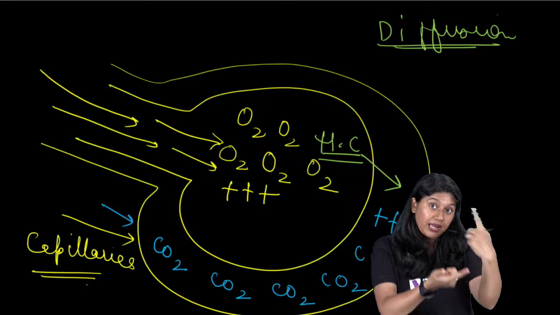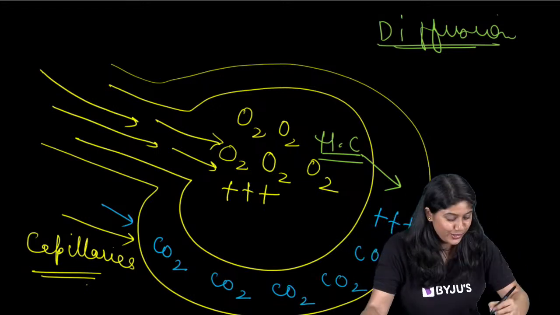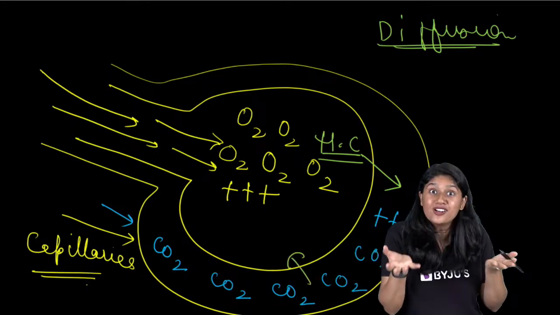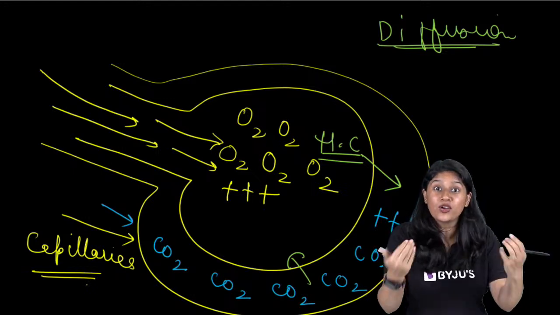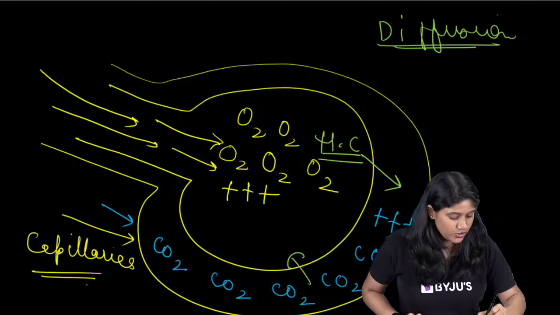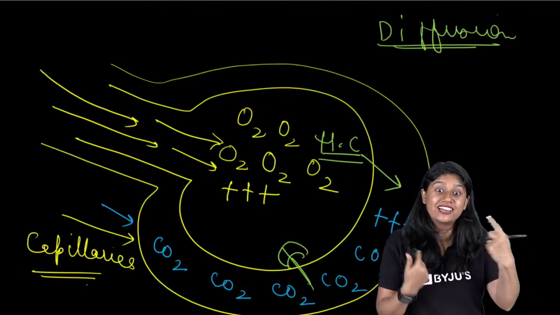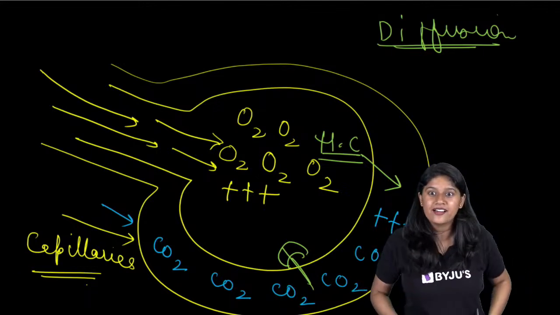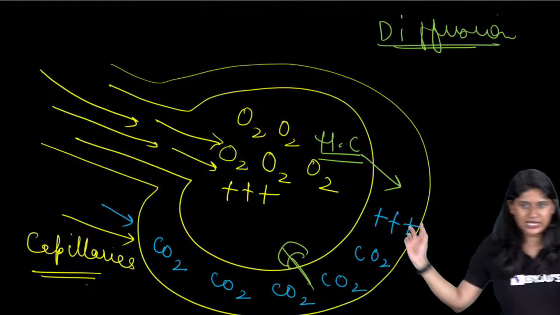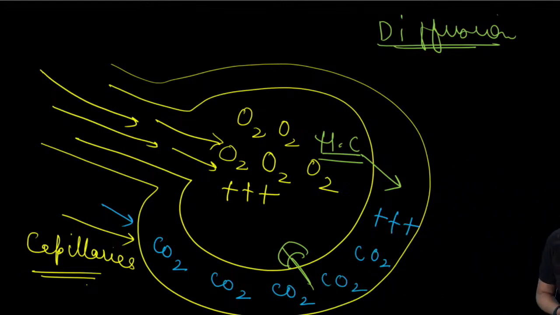So the oxygen will come into the capillaries and CO2, which has a higher concentration in the capillaries, will move into the alveoli. This is how the exchange of gases is happening. Are we clear now? You can take a screenshot of this also. They contain more CO2 because they're coming from the body collecting all the CO2. Very good. Awesome, everyone.